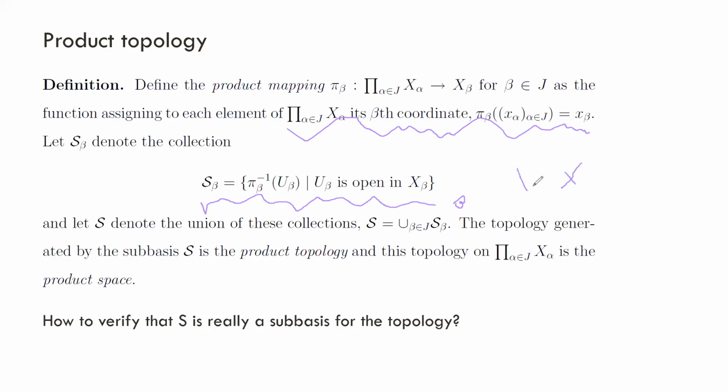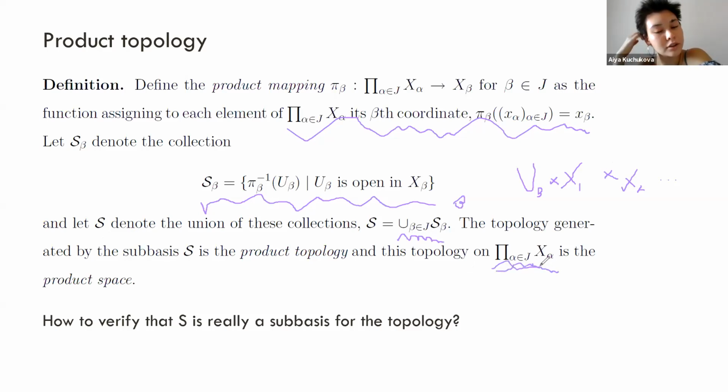For example, U beta times X1 and then X2, and many others. So S is denoted as the union of these collections. The topology generated by this subbasis S is the product topology, and this topology on such a product is the product space.